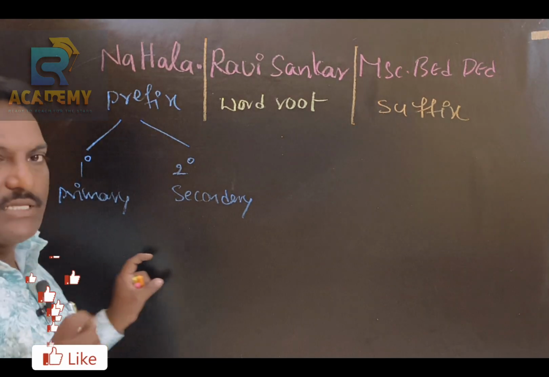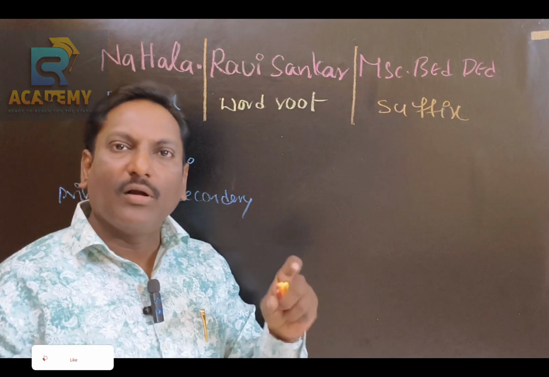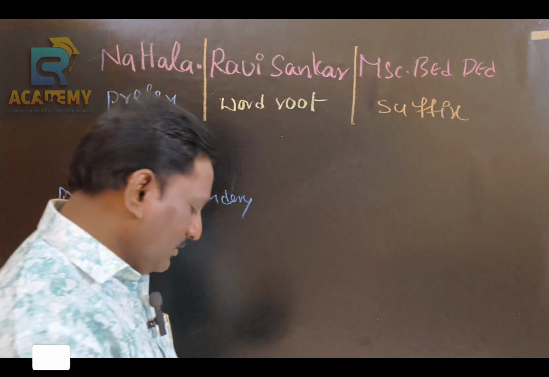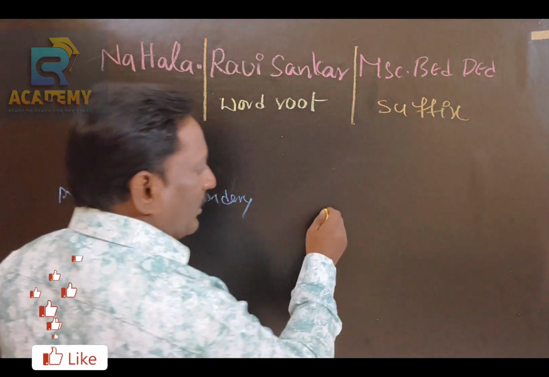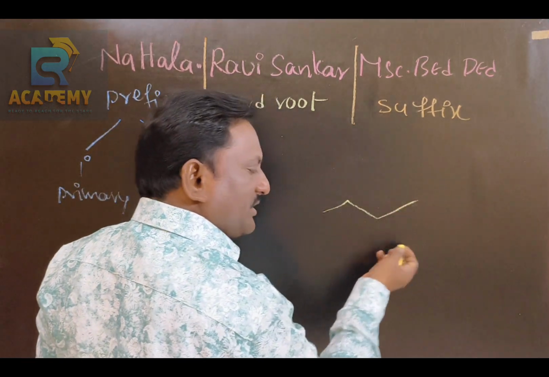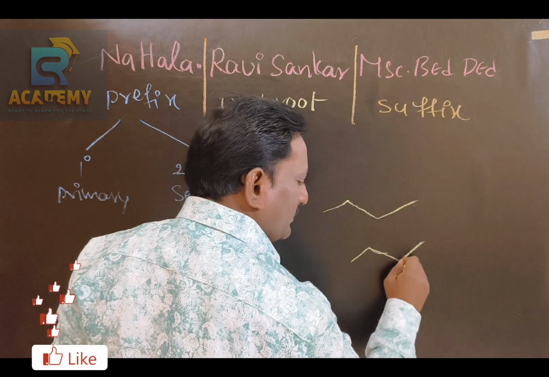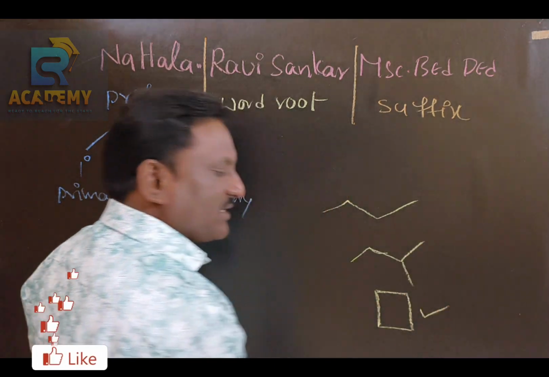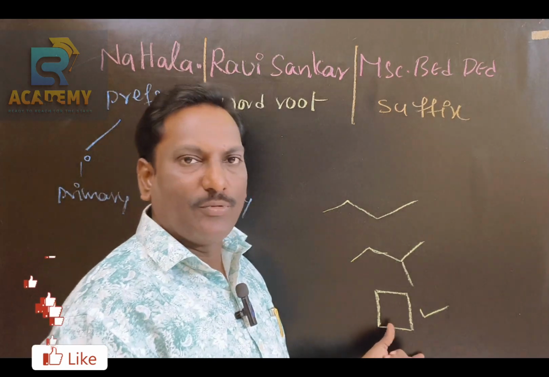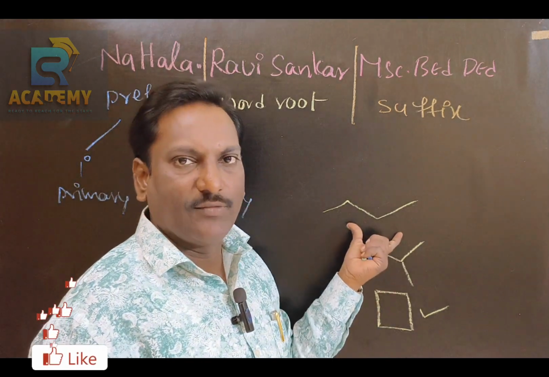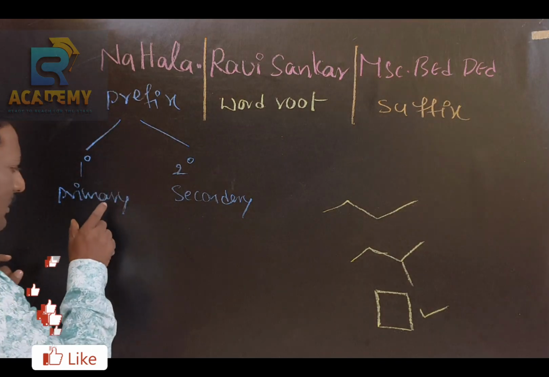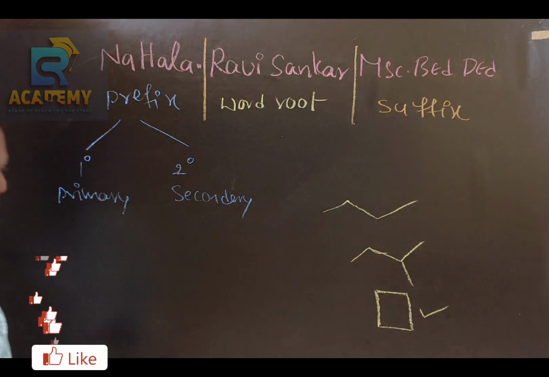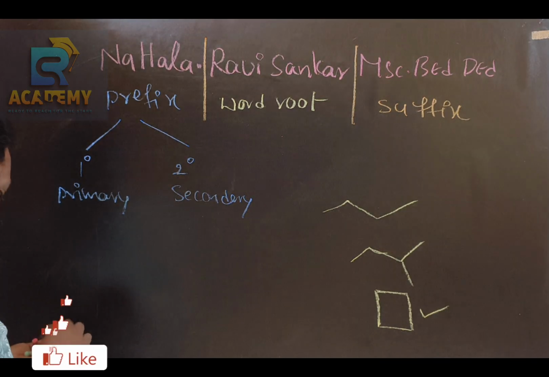The primary prefix tells us whether the given carbon compound is cyclic or not. Organic compounds may be branched or cyclic as well. This is a closed structure, so it is called a cyclic compound. This is a branched one with a side chain. If the given compound is cyclic, then you should use the word cyclo.